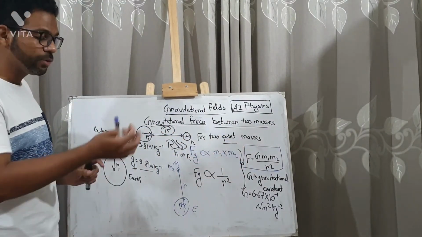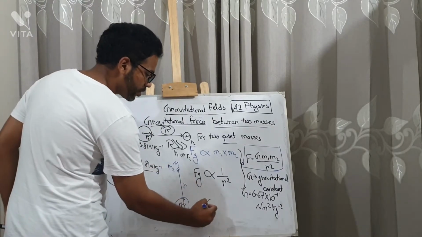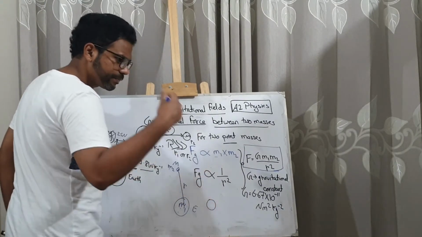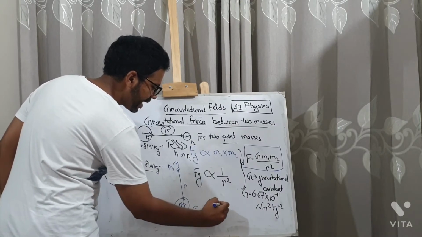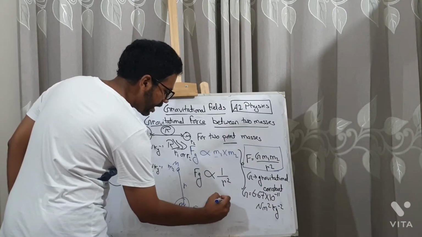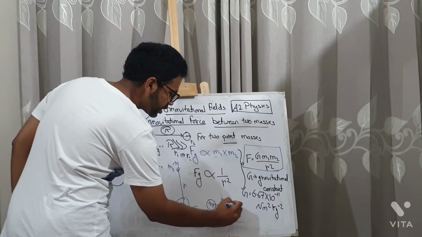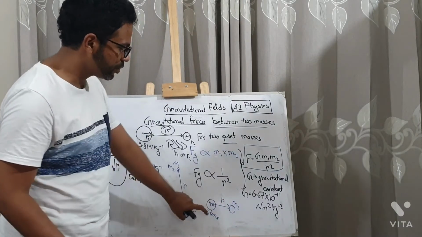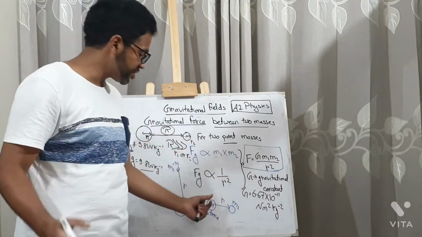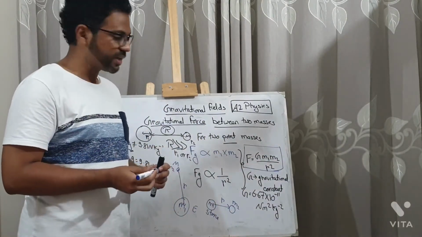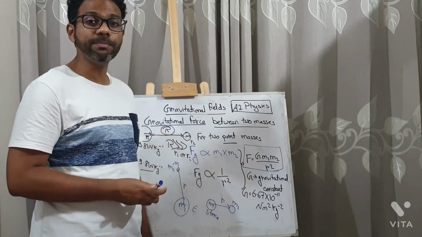If I tell you to find the gravitational force caused by a stone, even a stone has a mass, at a distance r on another stone which has a mass m2, you can still use this equation, but you have to make sure the value of r is much larger compared to the radius of the stone itself. Only then can we consider them to be point masses.